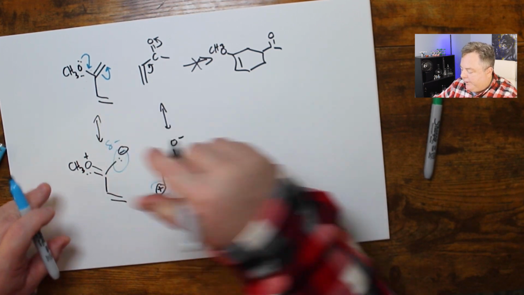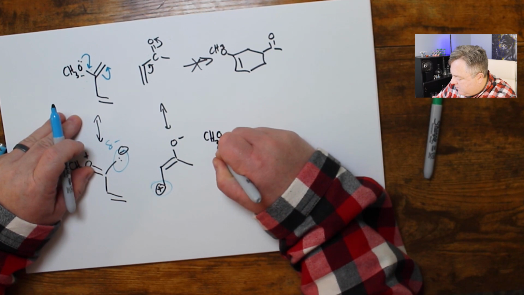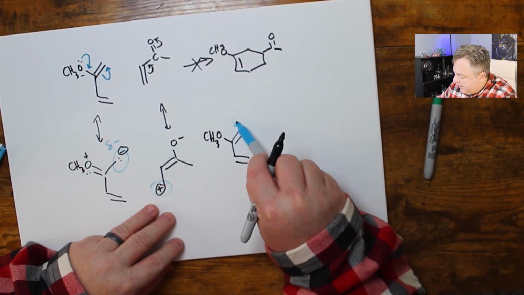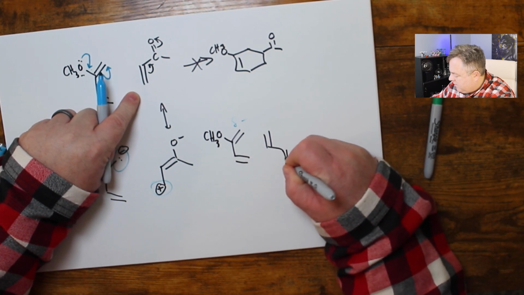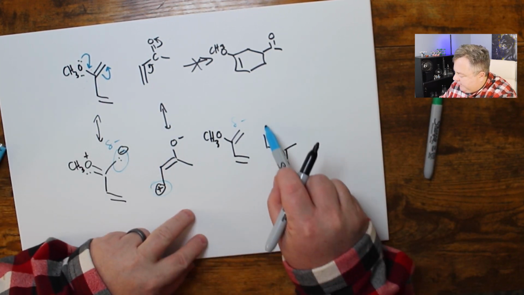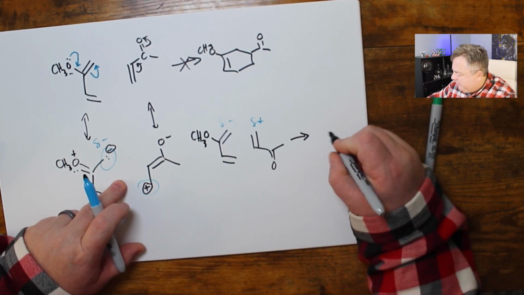Instead, I think I want to redraw this. This is the most negative spot. So I'm going to flip this one over because this is the most positive spot. My positive and negative get together. I zip, zip, zip.